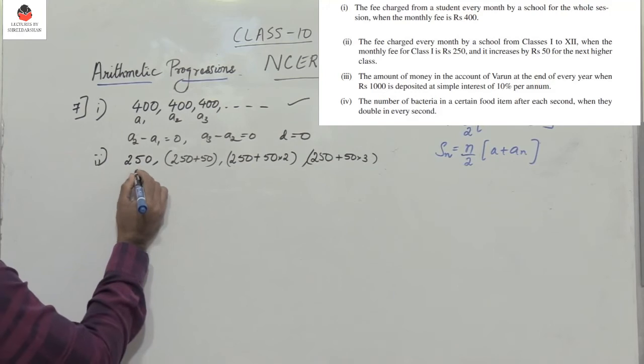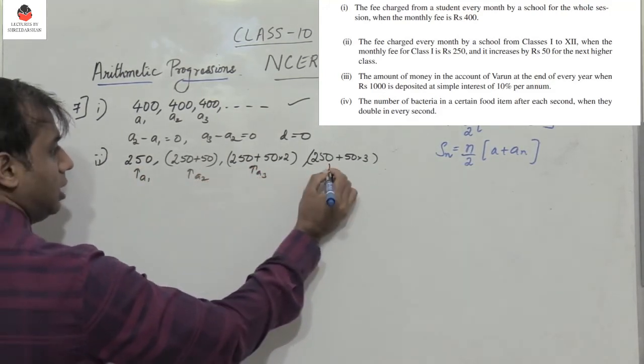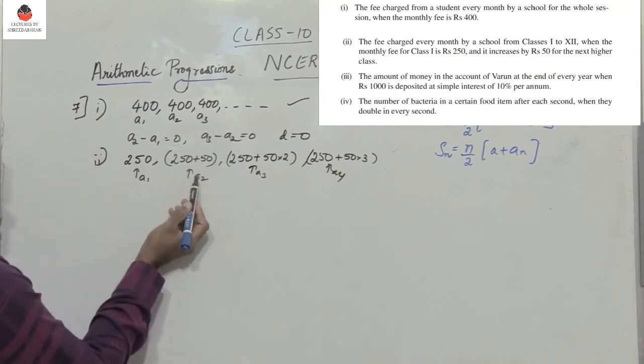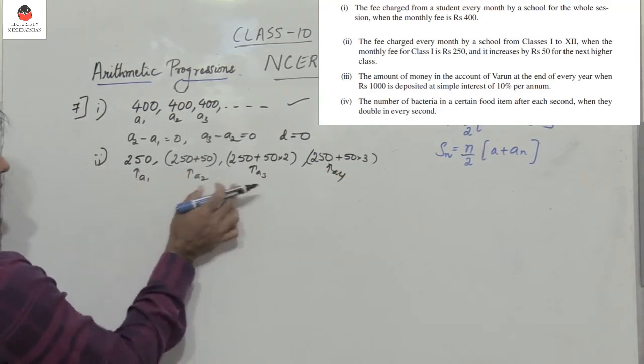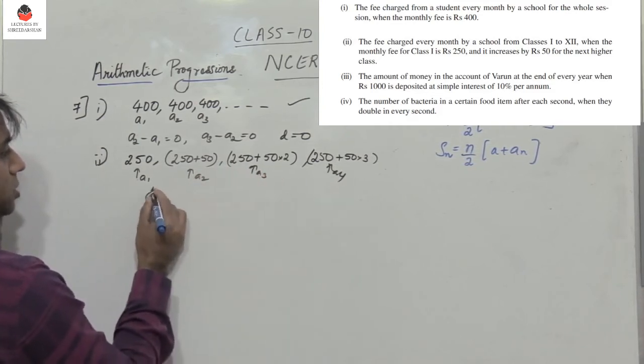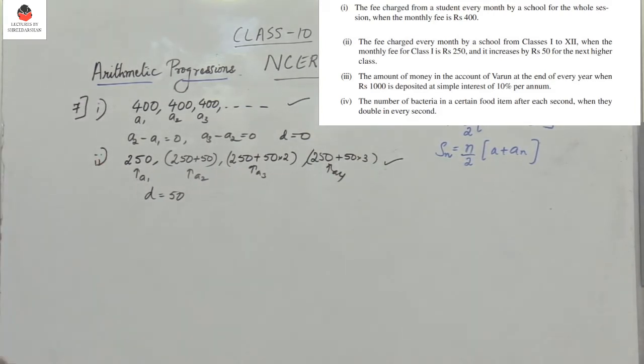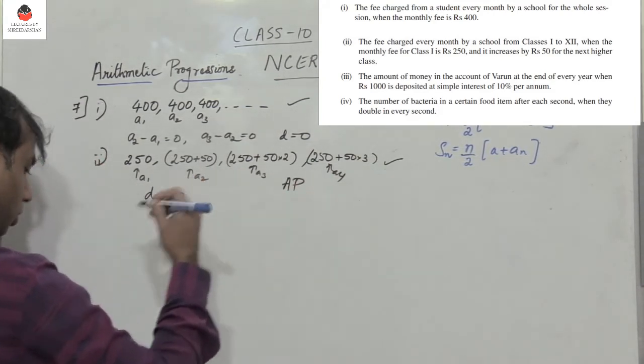So let this be A1, A2, A3 and A4. Again we find that A2 minus A1 difference is 50, A3 minus A2 difference is 50, A4 minus A3 difference is 50. So the common difference is 50, and this definitely forms an arithmetic progression. So this is also an arithmetic progression.